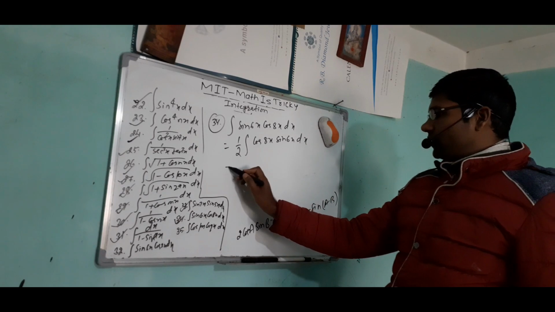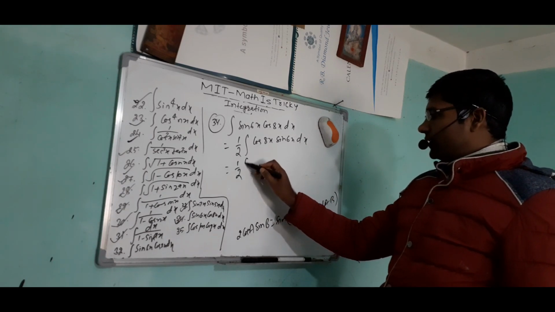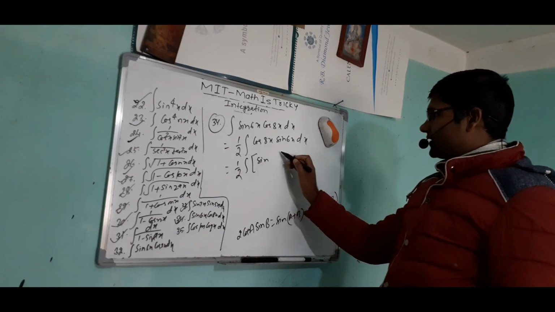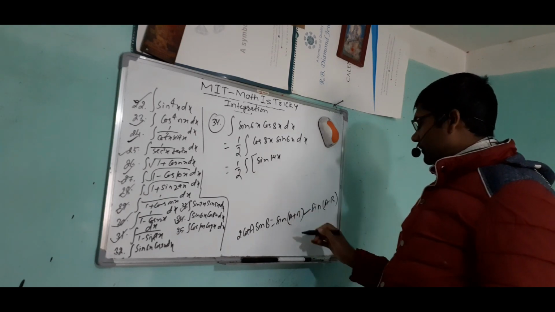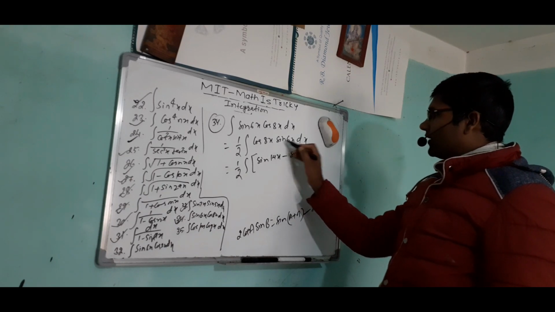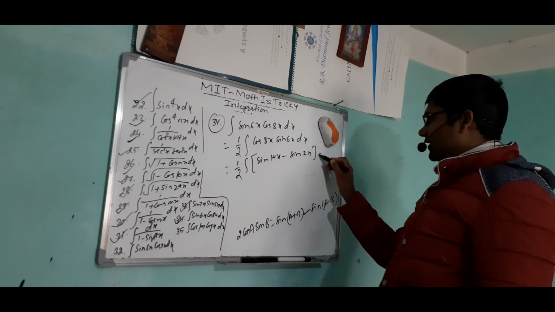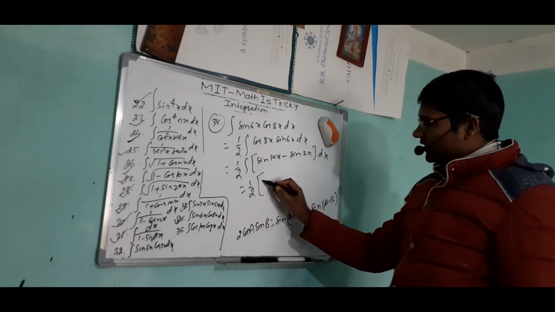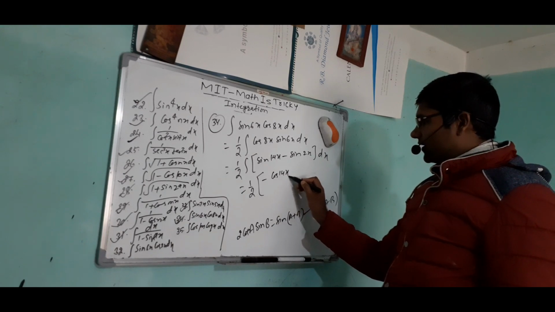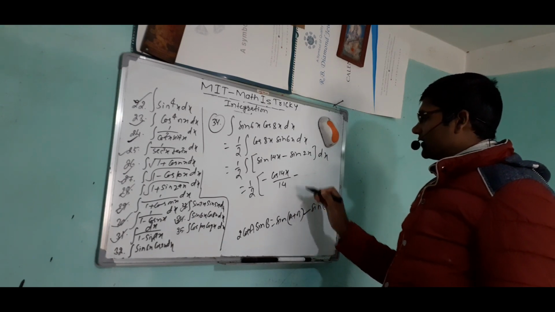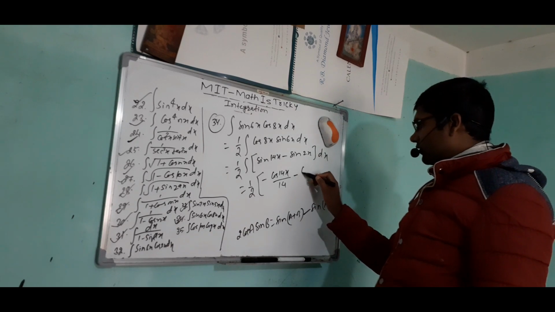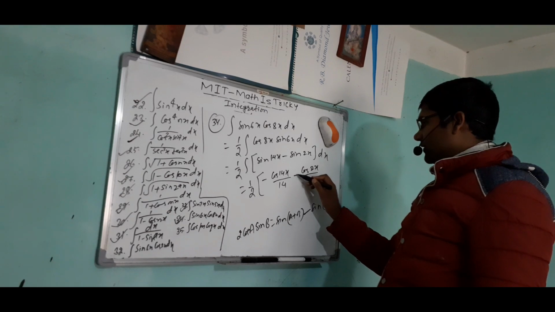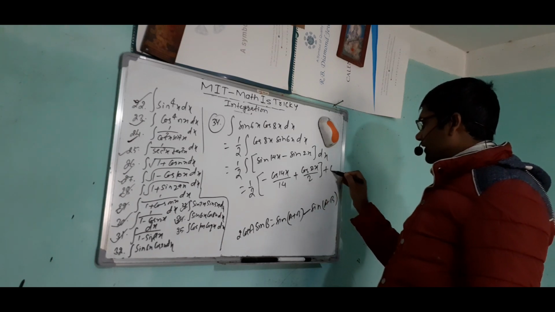By this formula I'll be getting 1 by 2 integration of sine a plus b, which is 14x, minus sine 8 minus 6, which is 2x, dx. So integrate: 1 by 2 outside, integration of sine is minus cos, so minus cos 14x by 14 minus, again, minus cos 2x by 2, plus c.